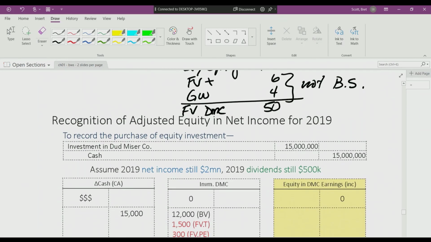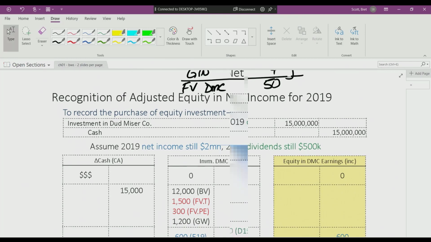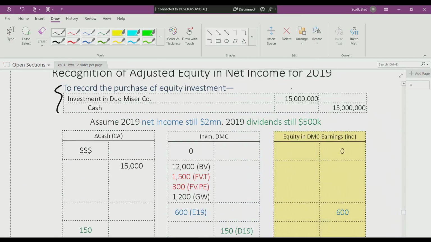So down below, here's what I've done. I'm doing the same journal entry we saw before, only in this case, it's not 12 million. It's actually 15 million. Okay, so now we're up to 15 million. Otherwise, it's the same investment in Dudmeiser Company for cash.